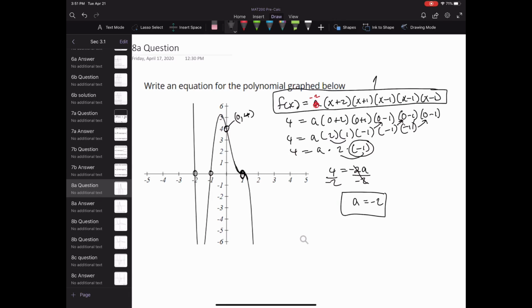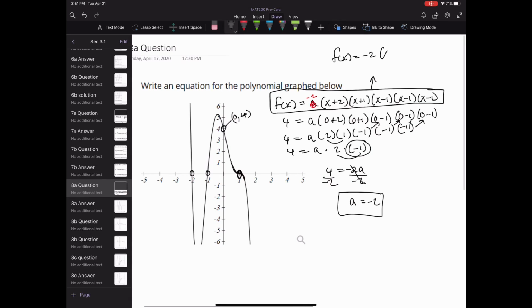And let's just rewrite it so it's a little bit nicer. F of x is equal to negative 2 times x plus 2 times x plus 1 times x minus 1. But since you have it 1, 2, 3 times, you can just put to the third.